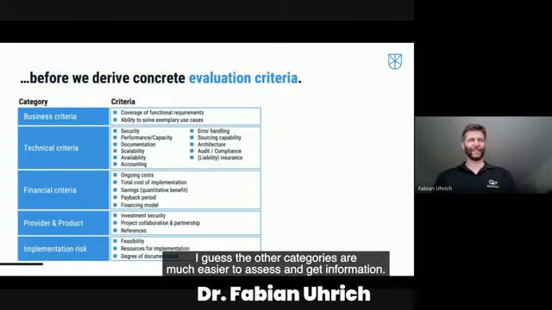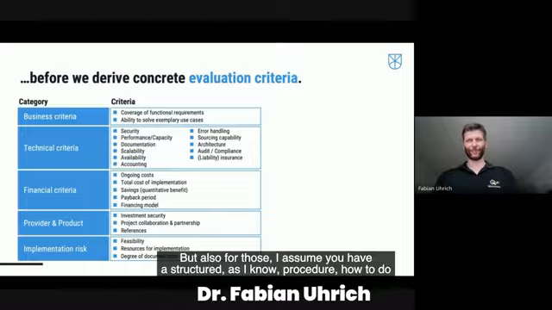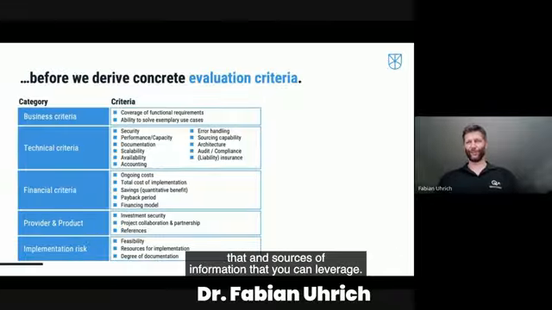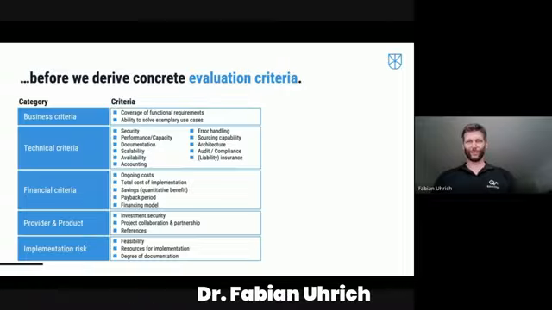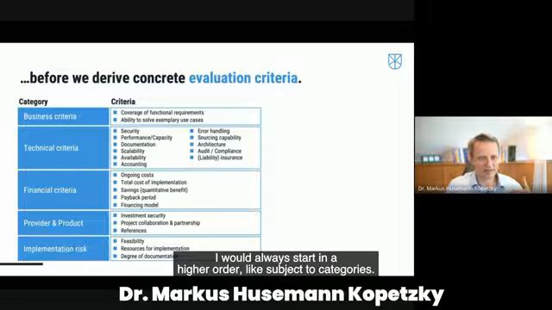Yes. I guess the other categories are much easier to assess and get information, but I assume for those you also have a structured procedure, as I know you, and sources of information that you can leverage, right? Yes, that's how I would do it. I would always start in a pyramid order, starting with the categories.